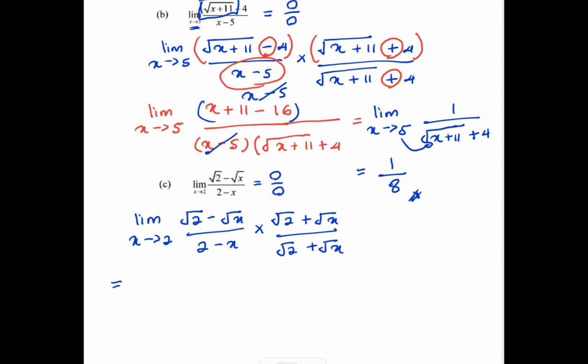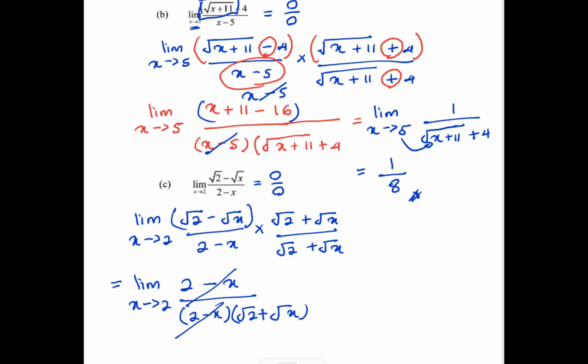When you expand, expand the numerator only because your conjugate is placed at the numerator. So you get 2 minus x divided by 2 minus x times square root 2 plus square root x.